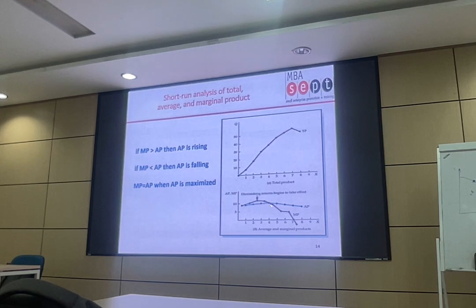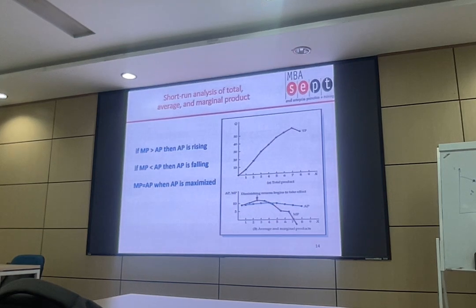Mà mình phải lựa chọn ở điểm khi năng suất trung bình đạt mức độ cao nhất. Thế rồi ở điểm đó, năng suất trung bình bắt đầu giảm. Và khi mình thuê thêm một lao động nữa thì mức độ đóng góp của lao động này so với những lao động trước đó.